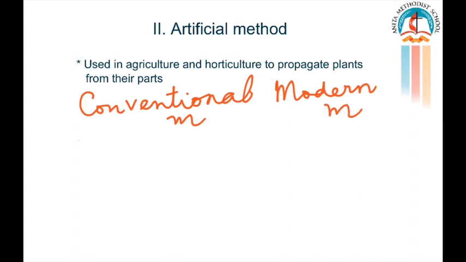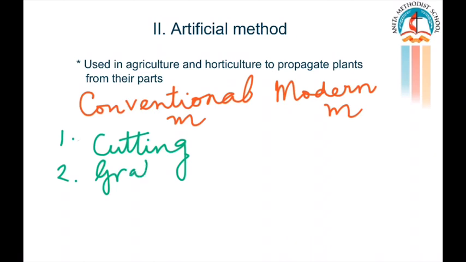The conventional method has been practiced for a longer time. The three types of conventional methods are cutting, grafting, and layering.